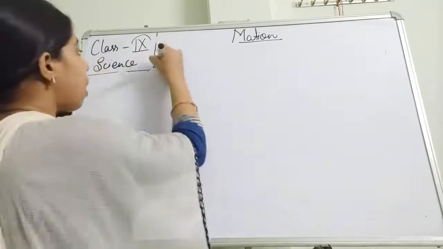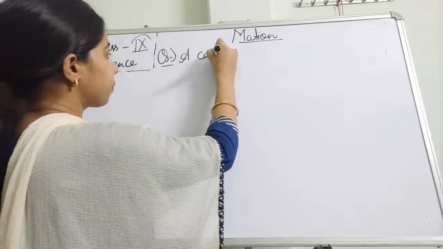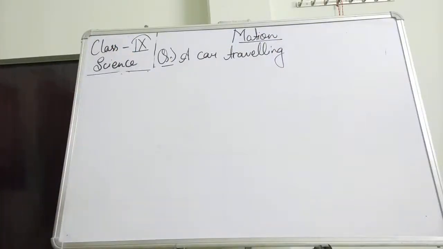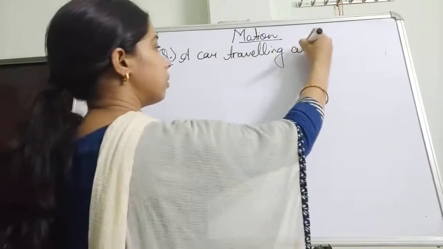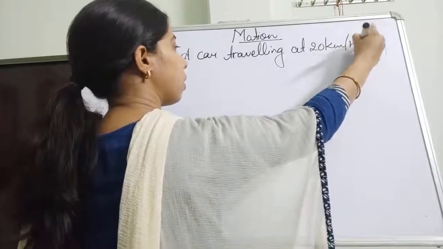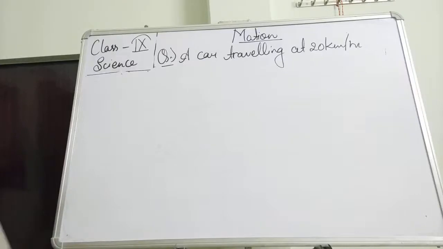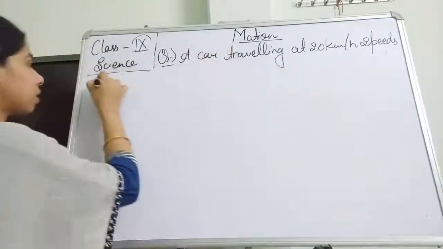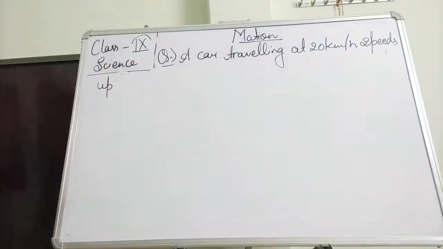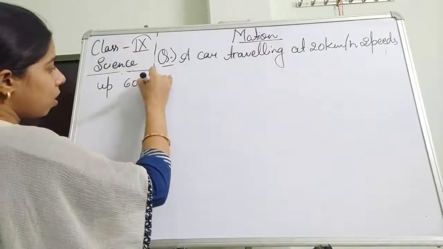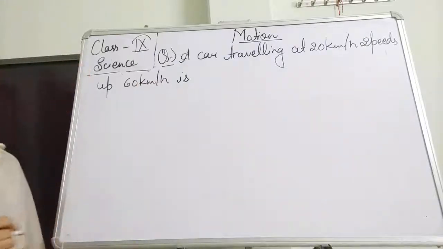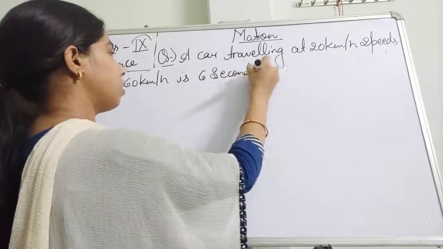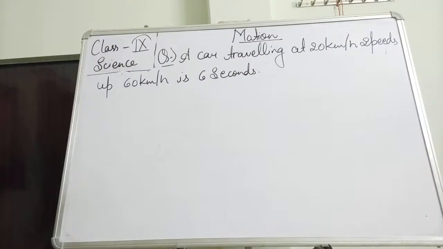The question is: a car is traveling at 20 km per hour, speeds up to 60 km per hour in 6 seconds.